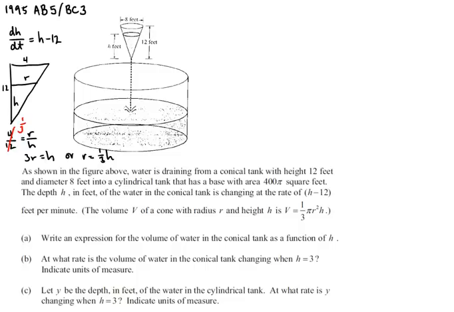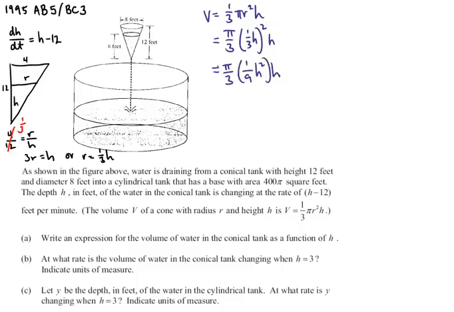V is equal to 1/3 pi r squared h, but r is 1/3 h, so we want to remember to square 1/3 h, times h, and that's going to give pi over 3 times 1/9 h squared h, or pi over 27 h cubed. And that does it for part A.